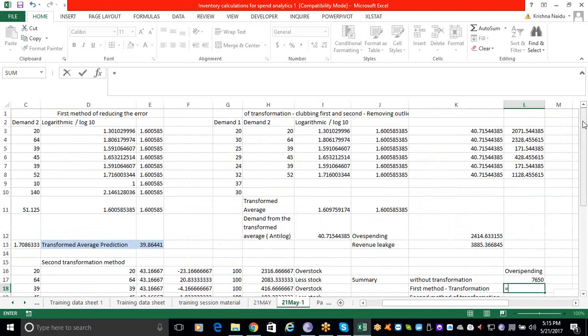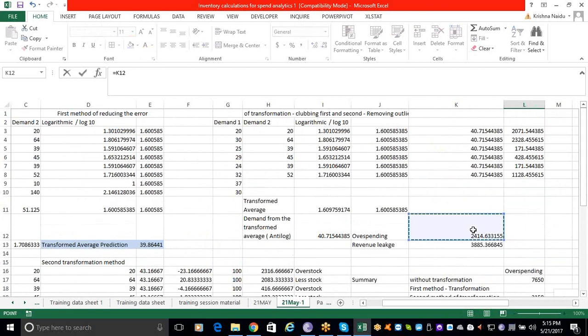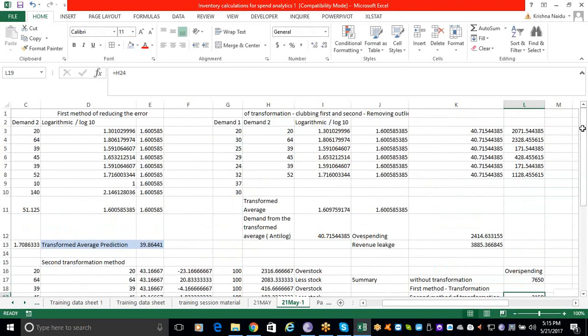I think we have to calculate this. So second method we have done that. That is 3150. Third method we have done that. That is 214. Okay. Second method is still left. So we have removed also.